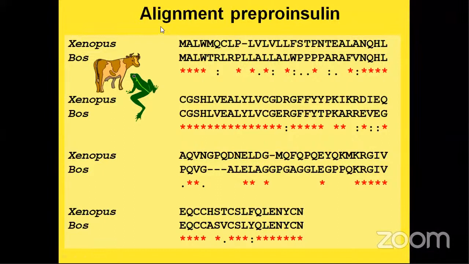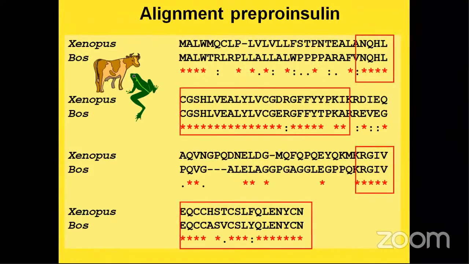These double dots and dots represent the synonymous substitutions. And these are the gap regions. Gap regions mean these are the mutations.